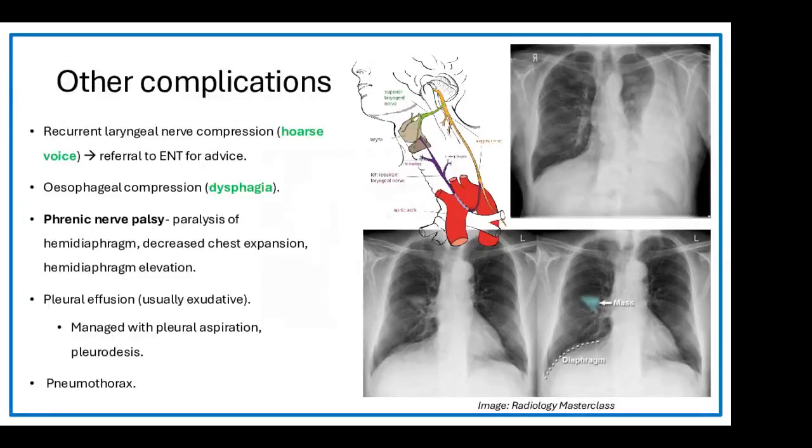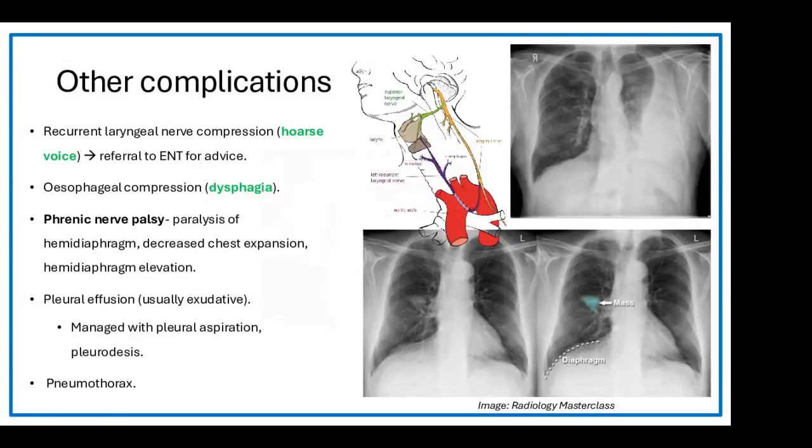Usually, patients can also present with pleural effusion, and with cancer it's commonly exudative. Unfortunately, in today's session, we don't have time to go over the analysis of pleural fluids, but hopefully in our future sessions we'll be able to do that. You can manage pleural effusion by aspirating it for symptomatic relief, and if that's not helping, we can do a procedure called pleurodesis, which essentially aims to reduce the gap between the lung and the chest wall.